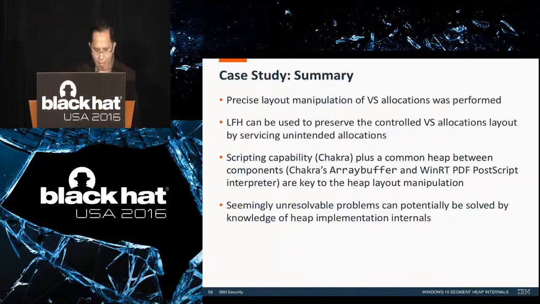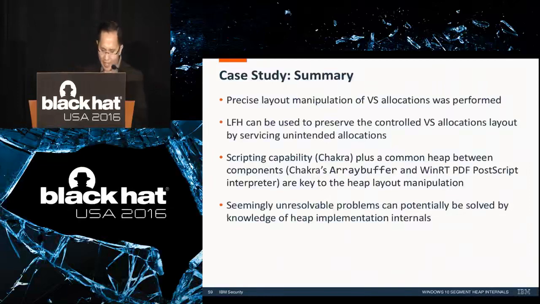So to summarize, the case study showed that precise layout manipulation is achievable in heaps managed by the segment heap. Specifically, it showed how the layout of VS allocations can be controlled and how the LFH can be used to preserve the controlled VS allocation layout.